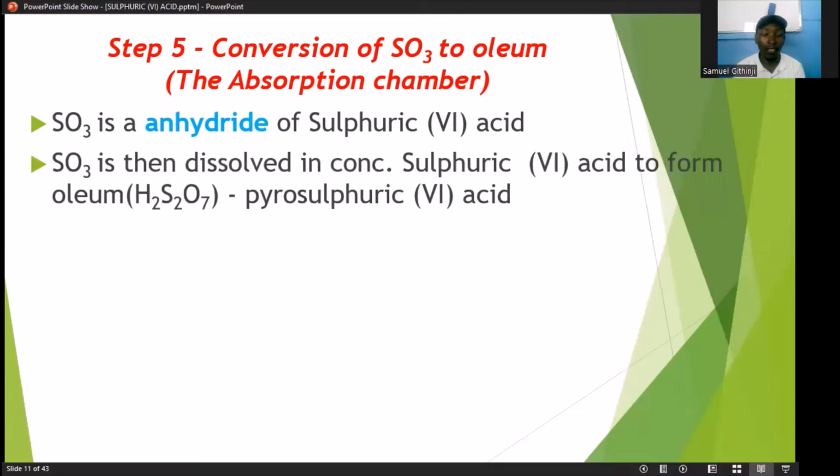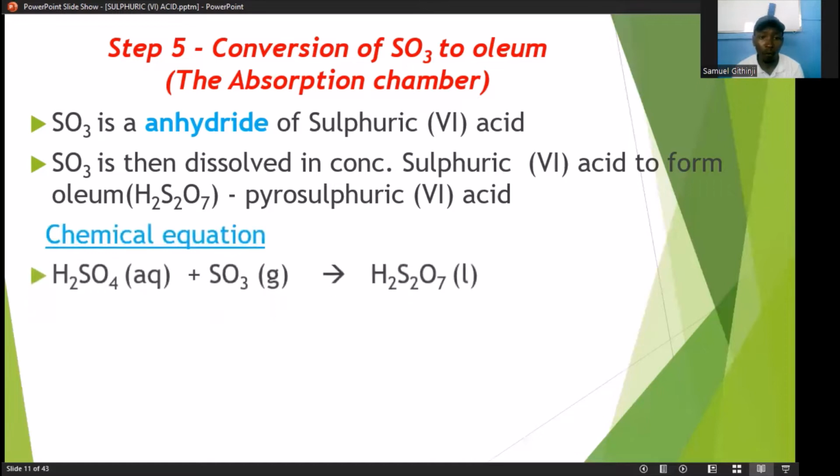The sulfur 6 oxide is dissolved in concentrated sulfuric acid, not in water, to obtain what we call pyrosulfuric acid, or fuming sulfuric acid, oleum. You can see the formula there, and the chemical reaction for what is happening.